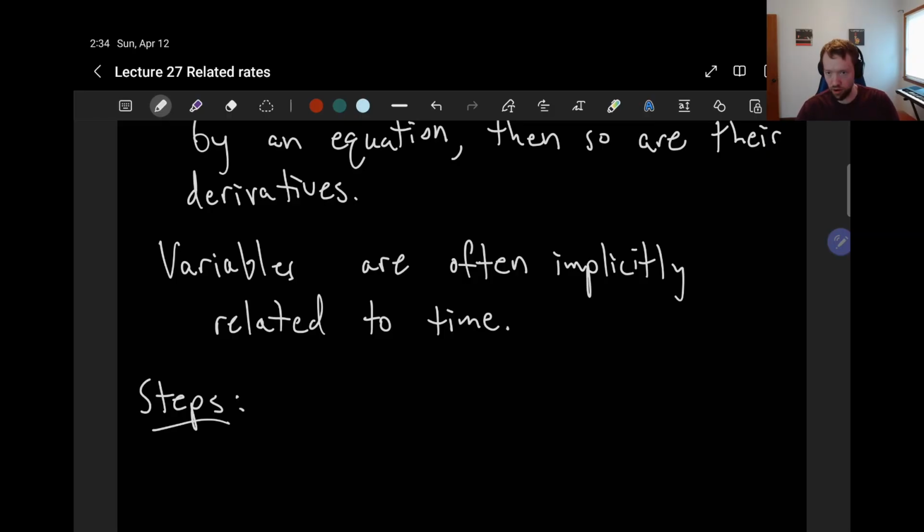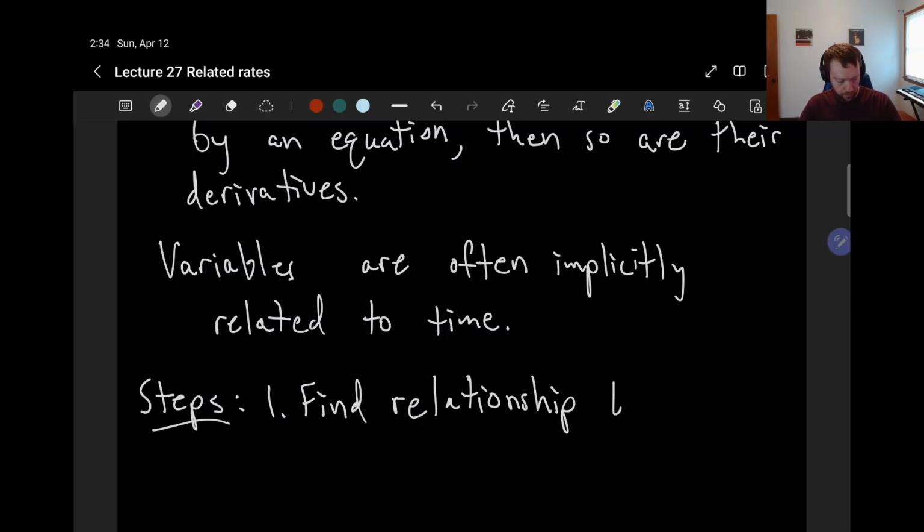So here are the broad steps for a related rates problem. Number one, if you don't have it already, find the relationship between the variables.